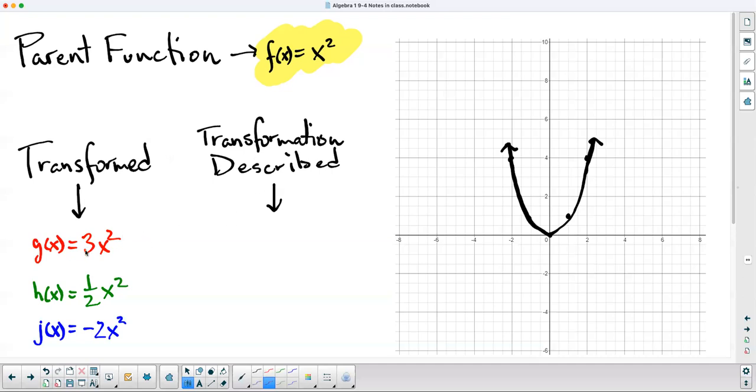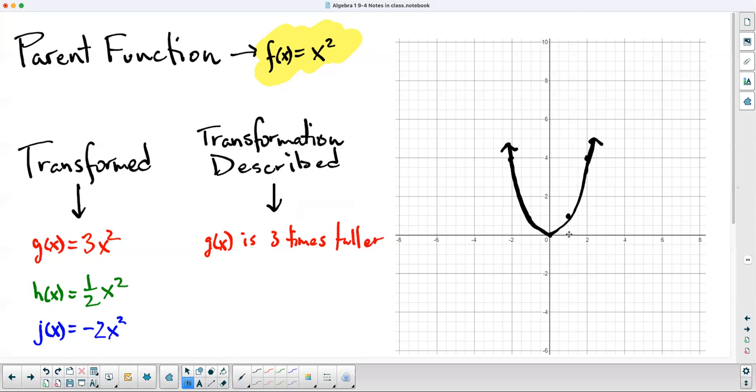The transformation 3x squared, I would say g of x is 3 times taller, because there's a 3 in front of the x squared.